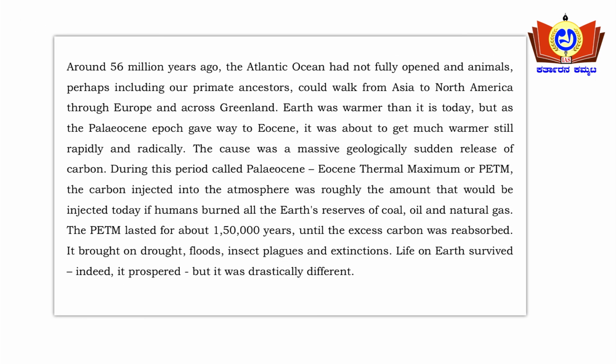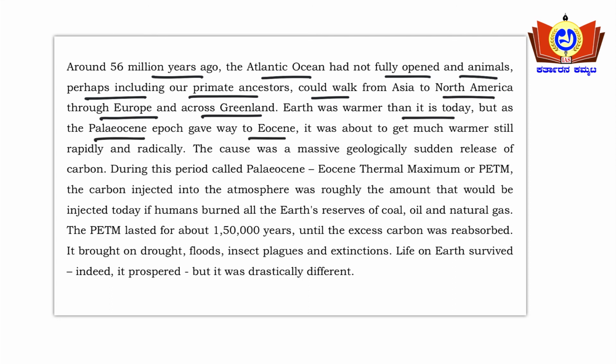Around 56 million years ago, the Atlantic Ocean had not fully opened, and animals, perhaps including our primate ancestors, could walk from Asia to North America, through Europe and across Greenland. Earth was warmer than it is today, but as the Paleocene epoch gave way to Eocene, it was about to get much warmer still, rapidly and radically.